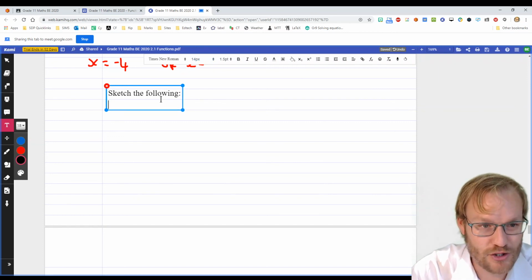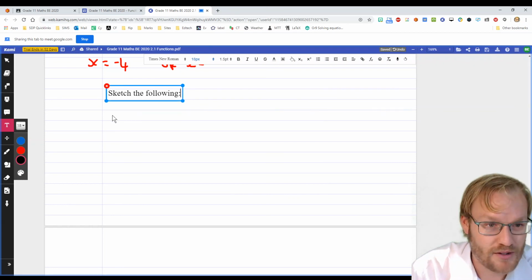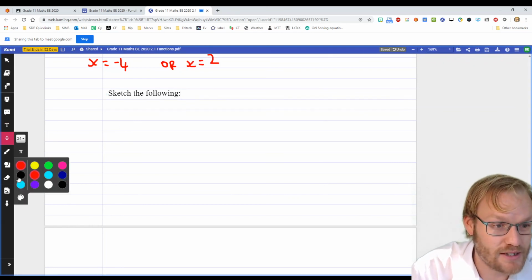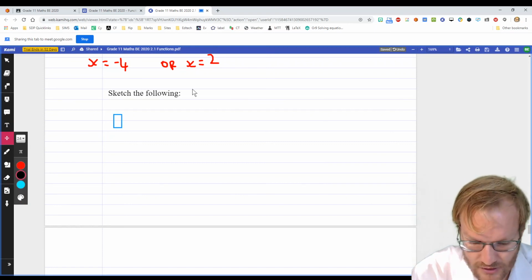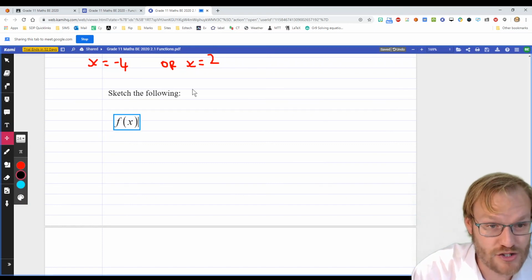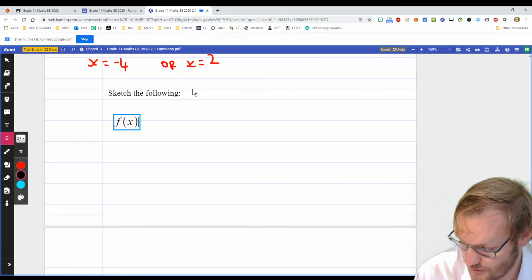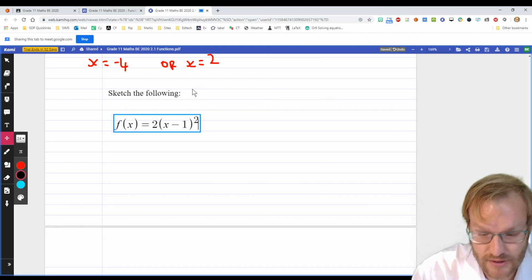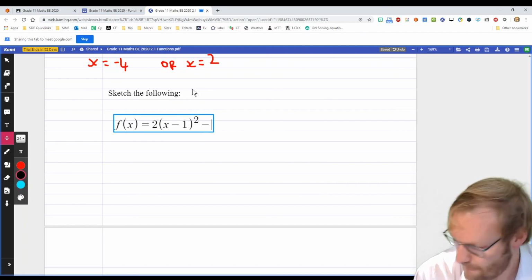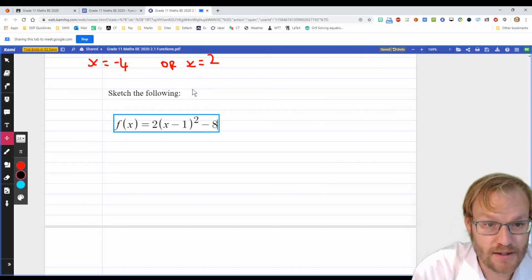So I just want you to sketch the following 3 functions. Let's write them up nice and neatly here. The first one is, I've got, and please draw them on different sets of axes. Let's not get them interfering. Something squared minus 8.